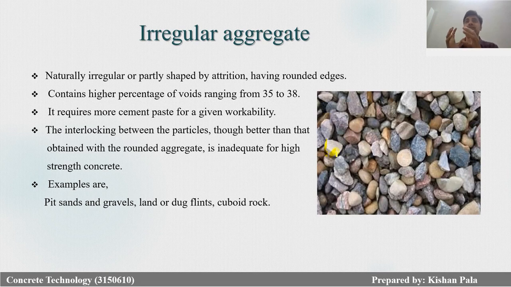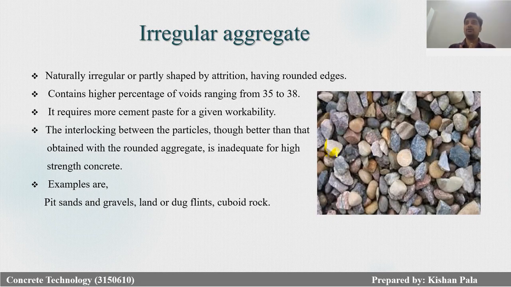cement paste for higher workability, and the interlocking between the particles is better than the rounded aggregates. It can be used for high strength concrete. It requires more paste, and the void ratio is also high, 35 to 38 percent, and you can use it in high strength concrete because the interlocking of the particles is good compared to rounded aggregates.